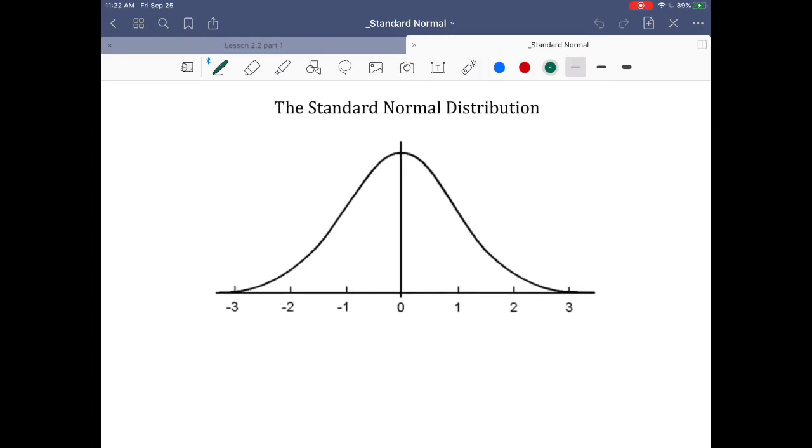And with the standard normal distribution comes something called the 68, 95, 99.7 rule.